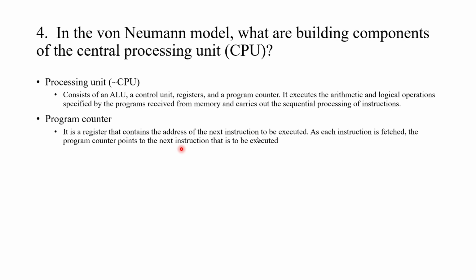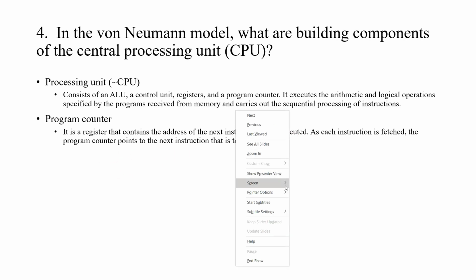For example, when we move the instruction into the instruction register, which holds the instruction currently being executed, the program counter will be moved up one so it can point to the instruction for the next fetch, decode, execute cycle. So as each instruction is fetched, the program counter points to the next instruction that is to be executed.